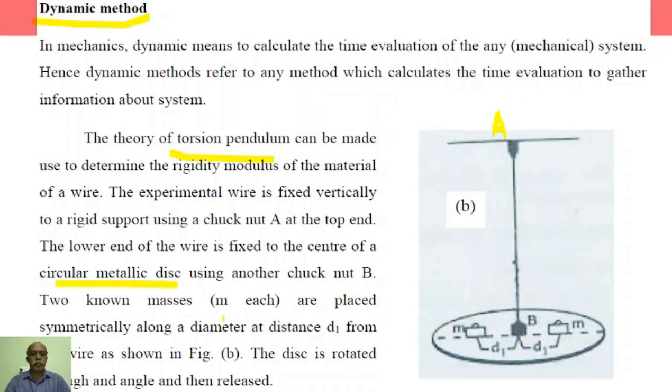Two masses, let us say m each, are kept on the disc along the diameter at distances d1 from the wire on both sides, as shown in the figure.